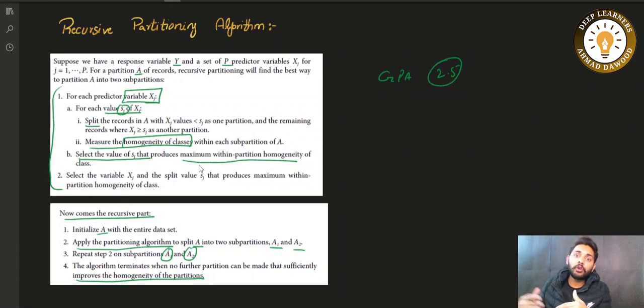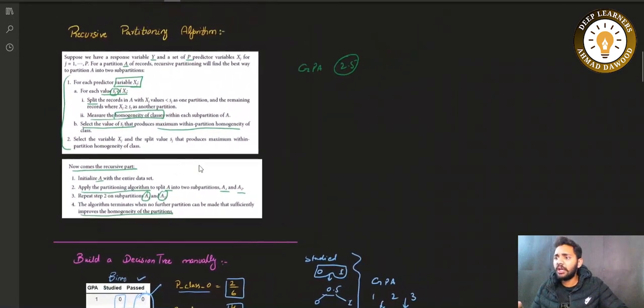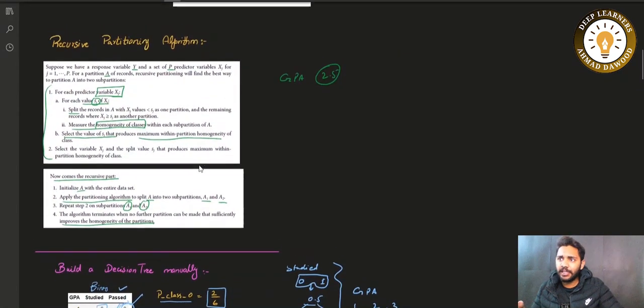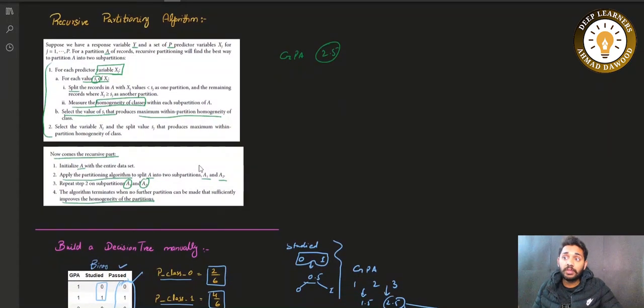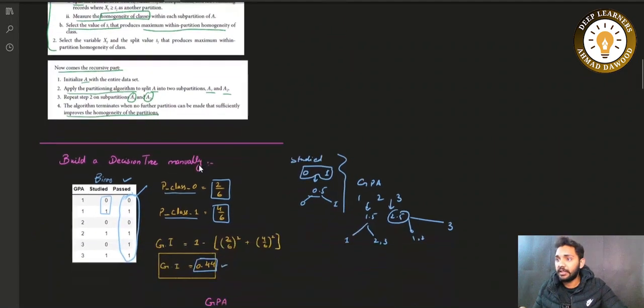Then again you repeat the same process. So this is the way of building a decision tree using the CART algorithm, and you also get the idea why CART can produce only binary trees, because it splits into two parts on the basis of less than or greater than just one value.